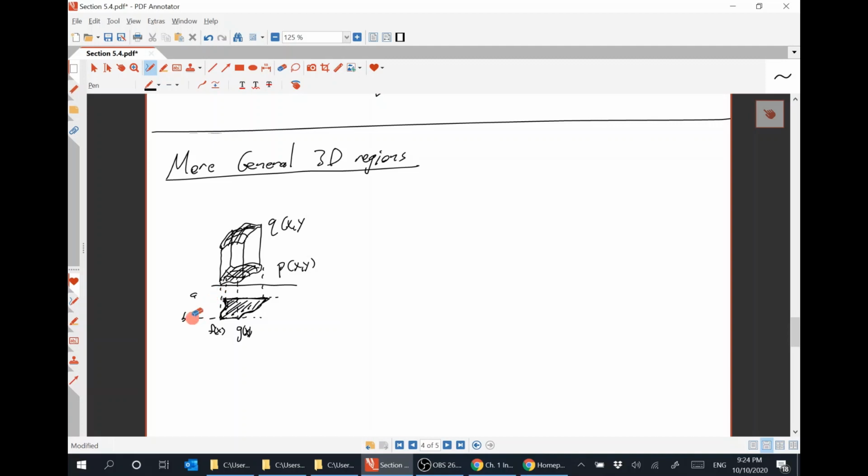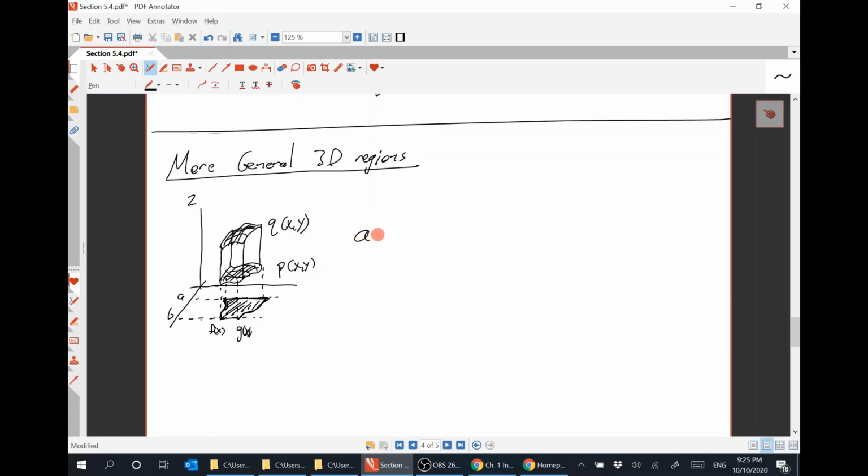So I can move this over a little bit to make the drawing a little clearer. There we go. So that's a and b on the x-axis, and then on the y-axis, you're bounded by f and g. And then on the z-axis, you're bounded by p and q, which are two variable functions.